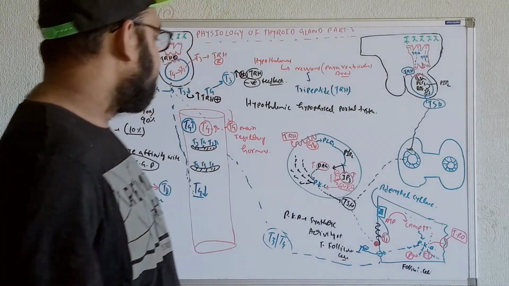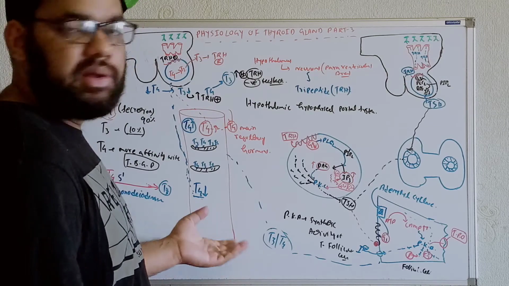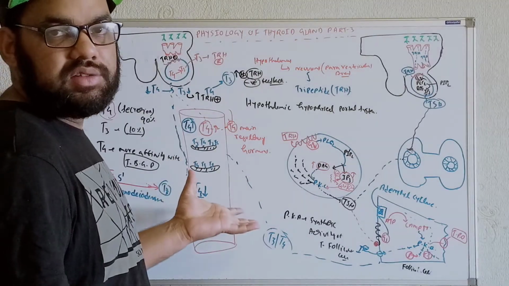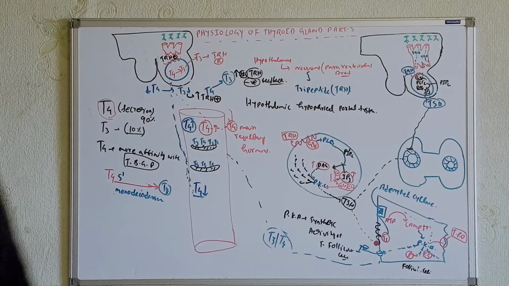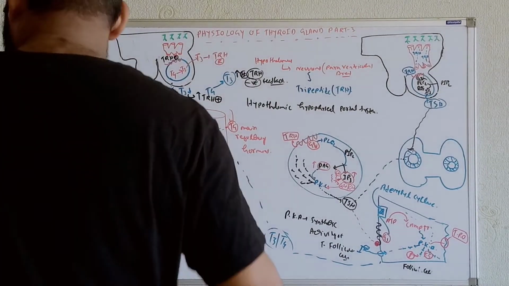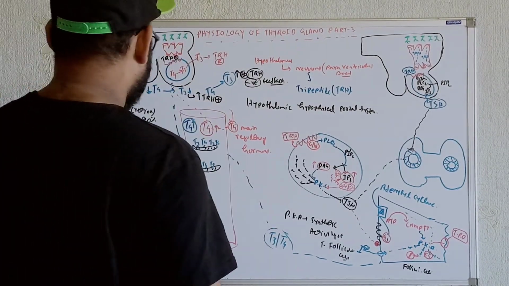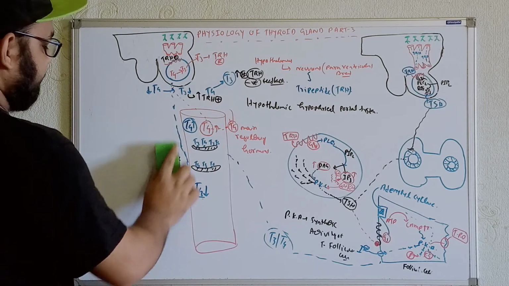Okay. Now we'll talk about two more important things: short-term reactions for TSH and long-term reactions for TSH. Okay, so let's talk about those things. Now guys, whenever I am talking about the short-term and the long-term reactions, what do you mean by this?